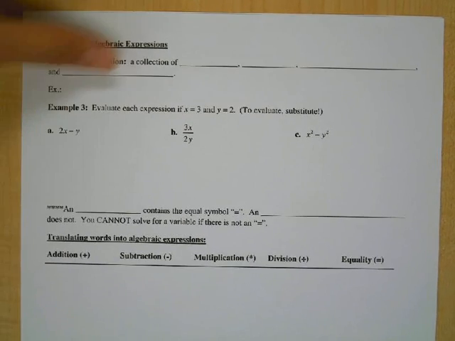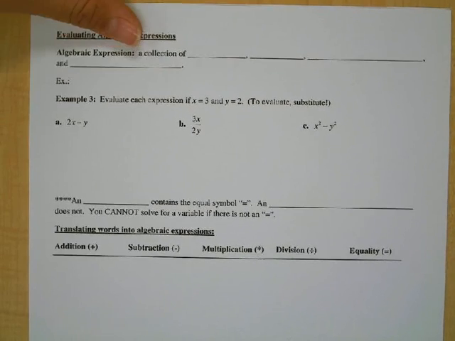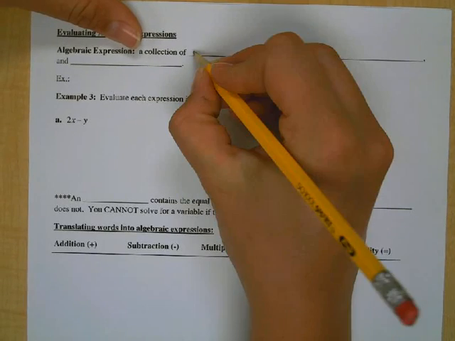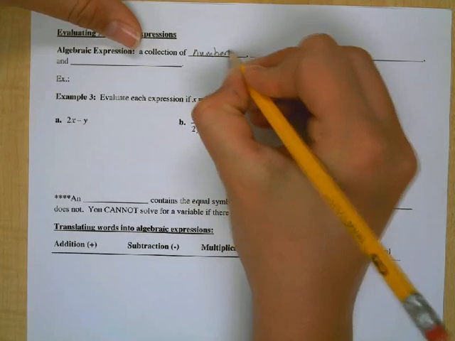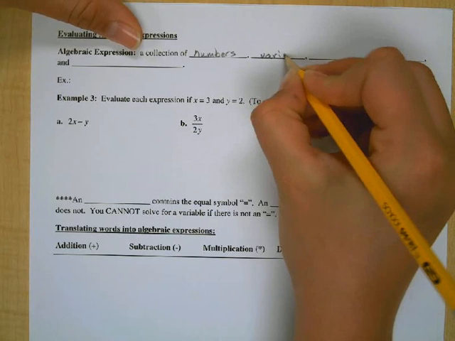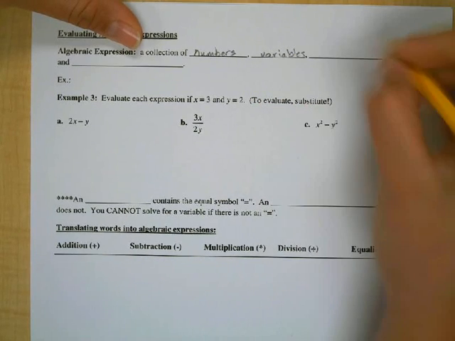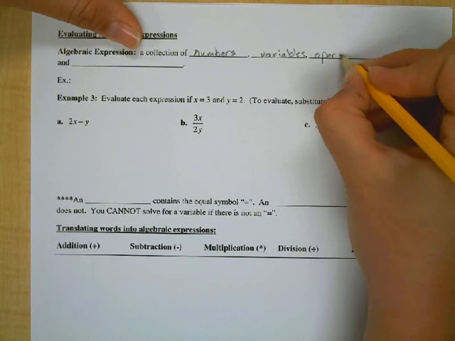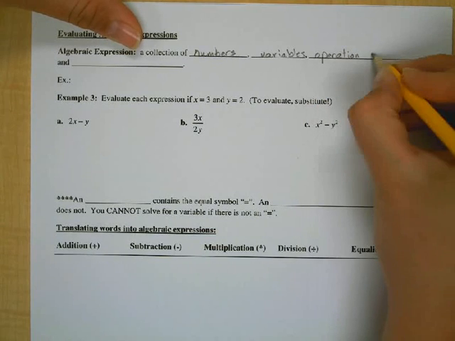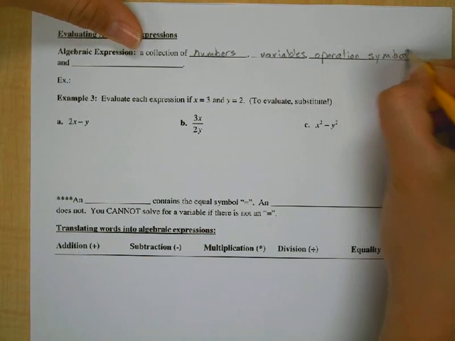The algebraic expression is a collection of numbers, variables, operation symbols, and grouping symbols.